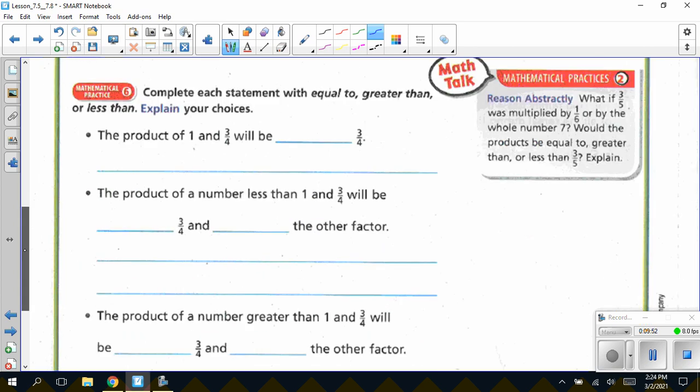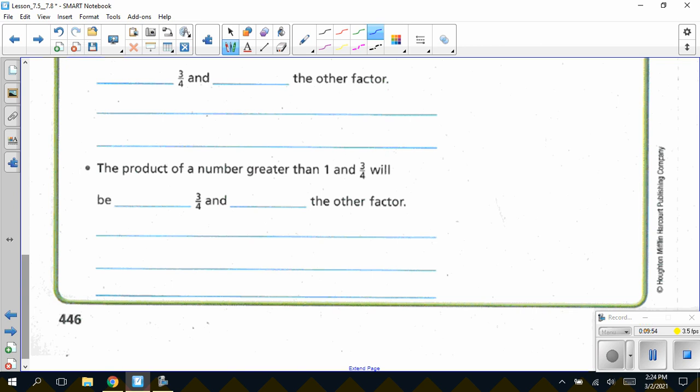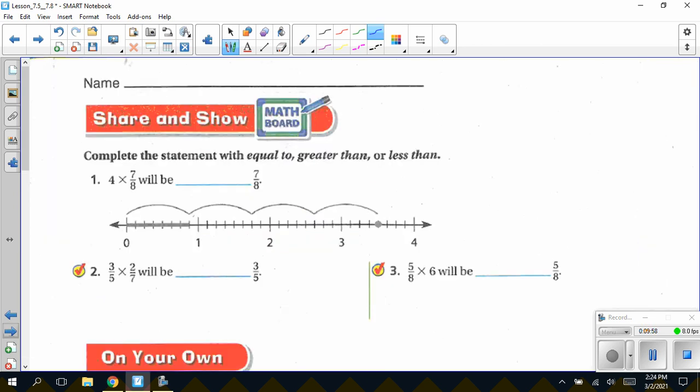So I'm not going to go over page 446 because I'm going to use the rules to help me solve any of the questions on page 447. So on 447, the share and show, I'm going to be using my rules as I answer.